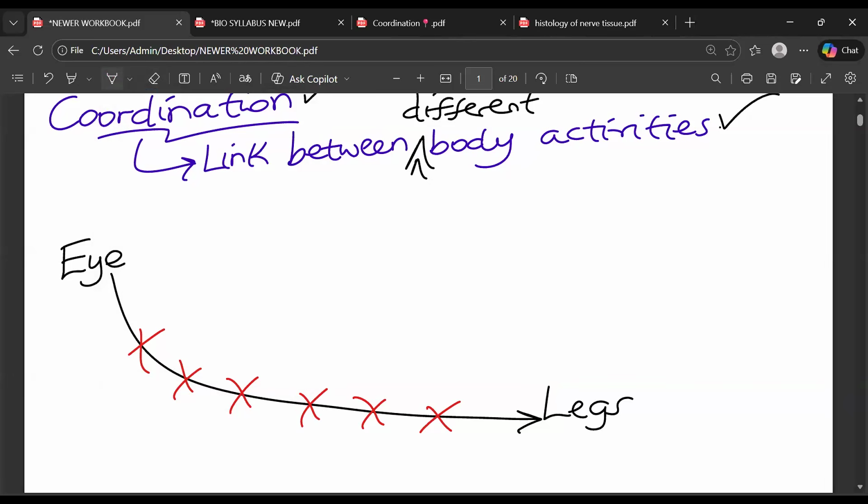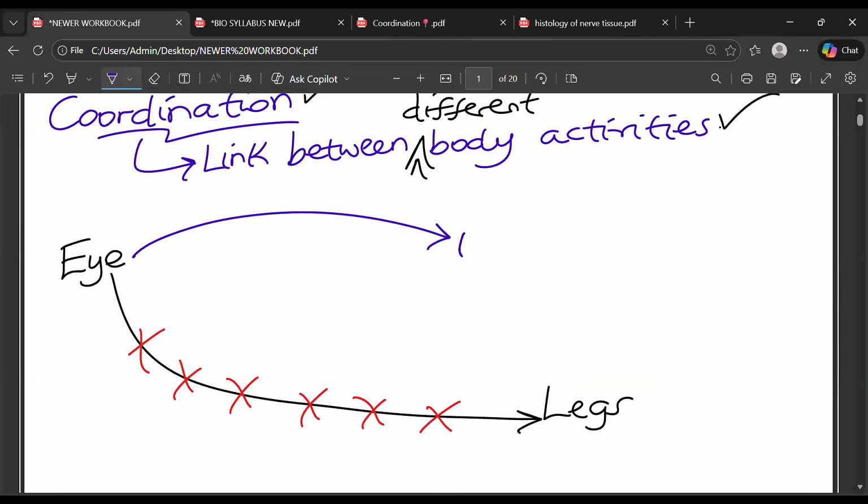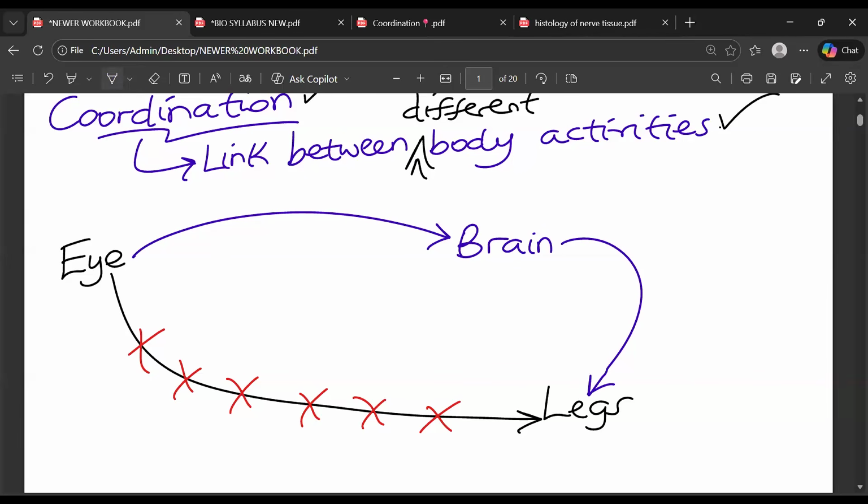So have it in mind. You all know it's your brain that does everything. So all the eye can do is to communicate to the brain. Then the brain can now communicate to the legs. The brain can communicate to all body parts. It is the main guy in the body.